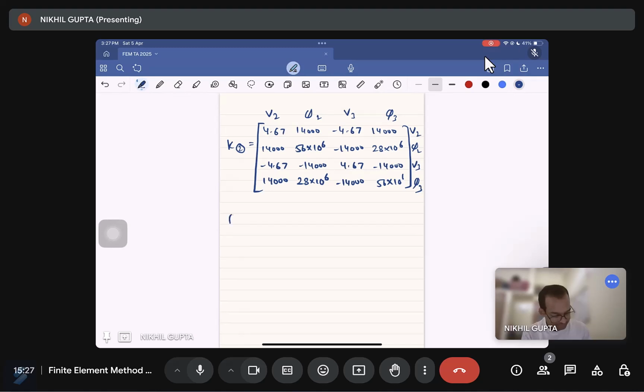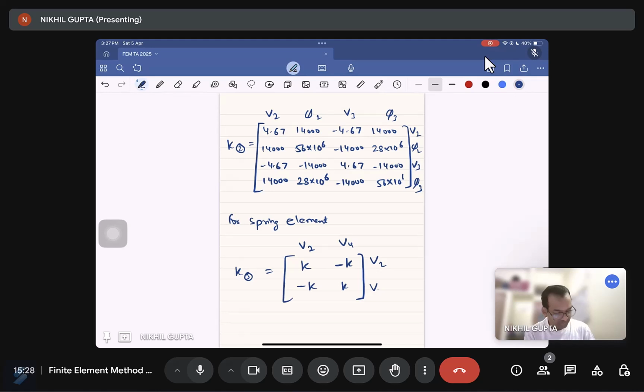For the spring element the K matrix is very simple. We know it will be K, minus K, minus K and K. So the degrees of freedom corresponding to it will be V2 V4 and V2 V4.